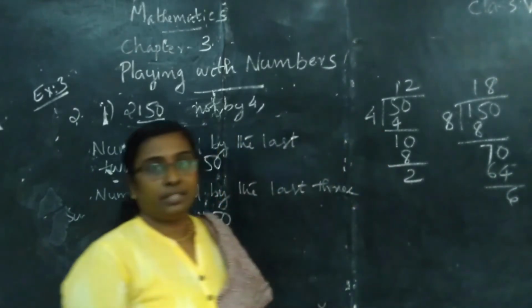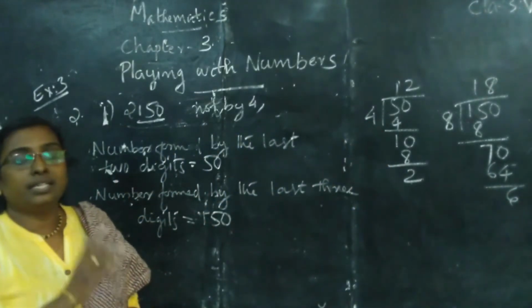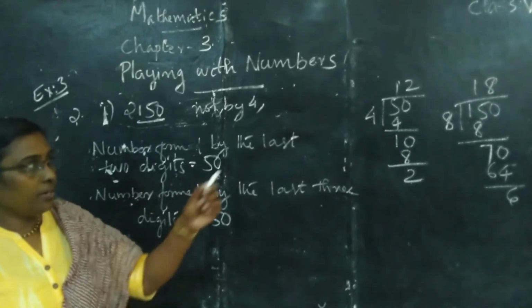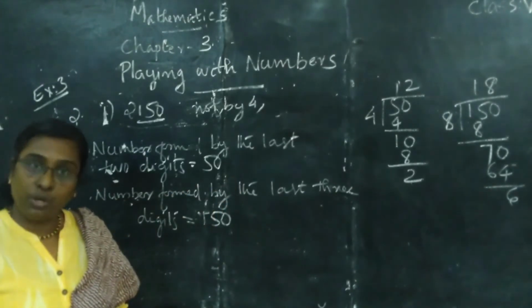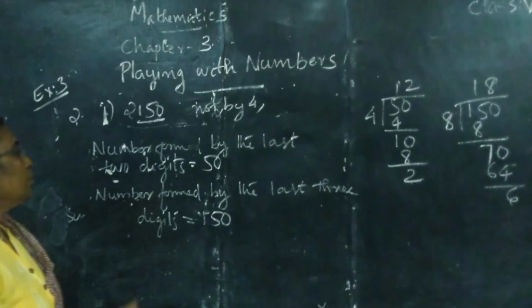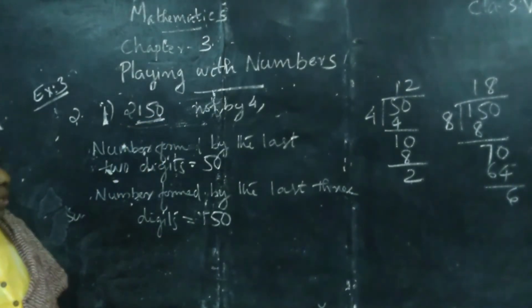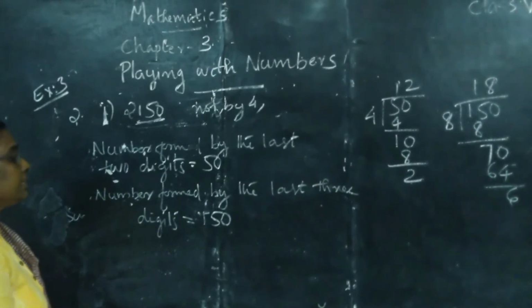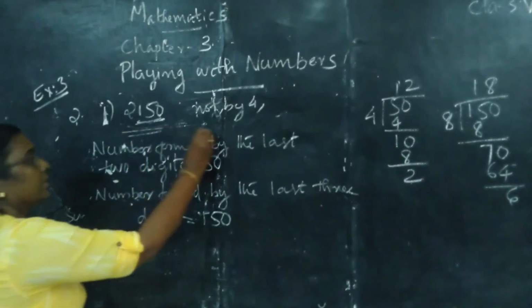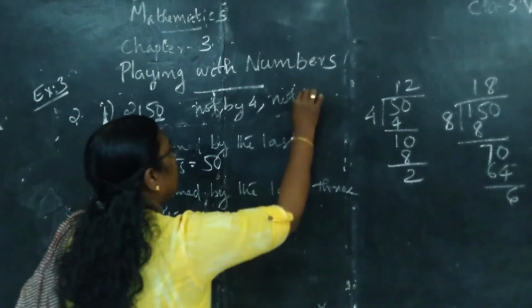There also is a remainder. Since the remainder is not 0, 150 is not divisible by 8. So the number formed by the last 3 digits is not divisible by 8. We can say that the given number is not divisible by 8.